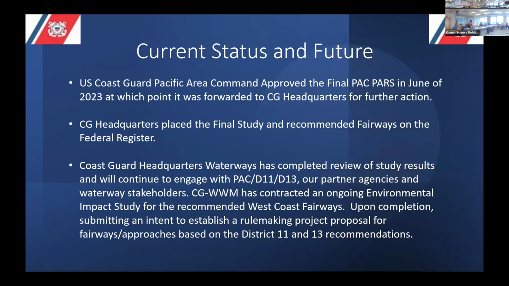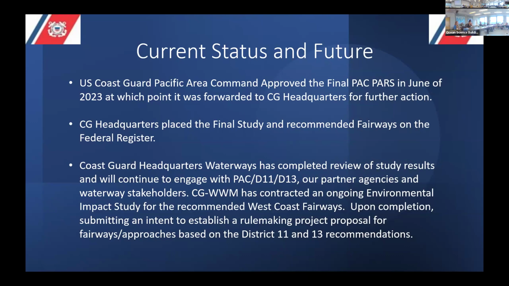Next slide, please. So where we're standing right now, as I said, is it was released at headquarters in June of 2023. Headquarters reviewed and supported the final study, and they have since contracted an environmental impact study to ensure that we're meeting all requirements of the NEPA process.